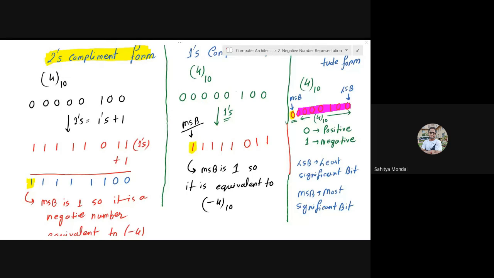Shani Kumar Shah, yes, sir. Can you give the answer? Tanushree Maji, not responding.